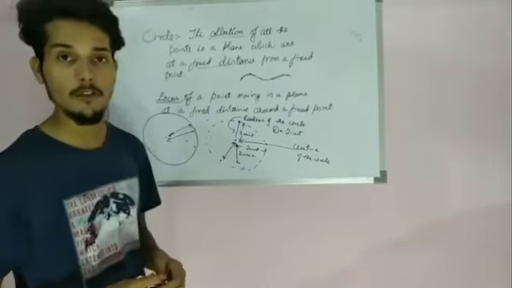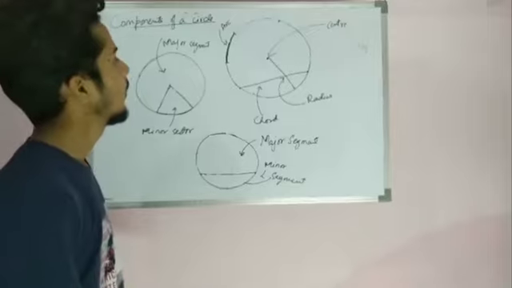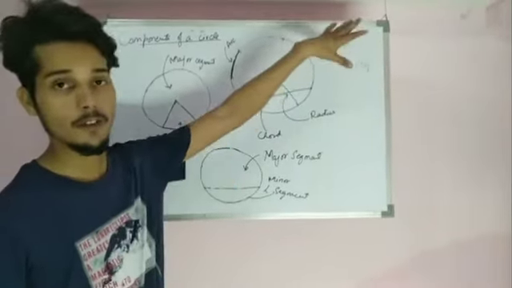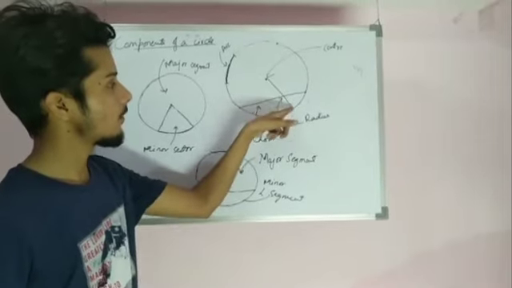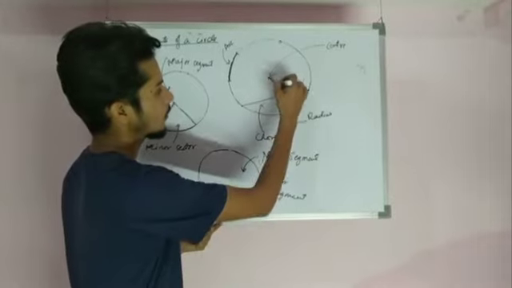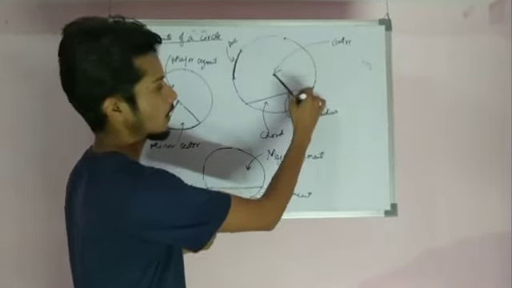Hope this is clear for you. So as we have seen, the fixed point is known as the center of the circle, and the fixed distance of every point from the center is known as the radius of the circle.